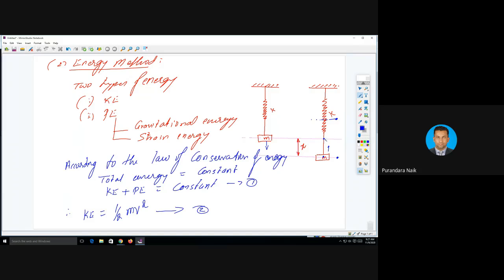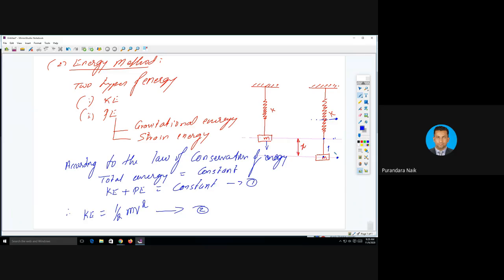Correct? This is the mean position. If you pull it and leave it at this point, it moves up and reaches this point, right? But at the mean position, the body is moving with a high velocity. That's why the kinetic energy at this point is maximum, and at the extreme positions it is minimum, equal to 0.